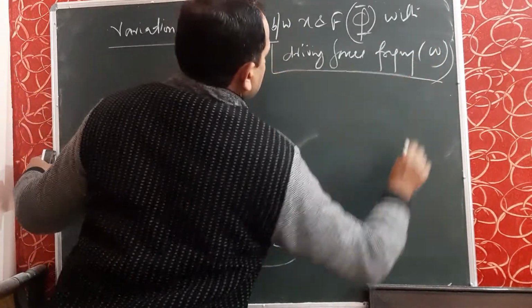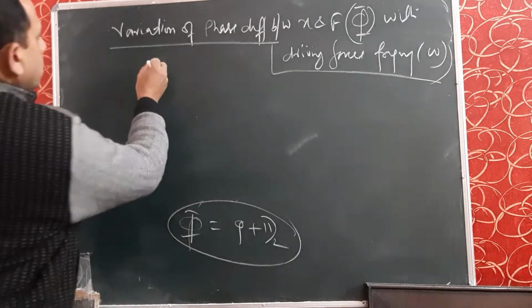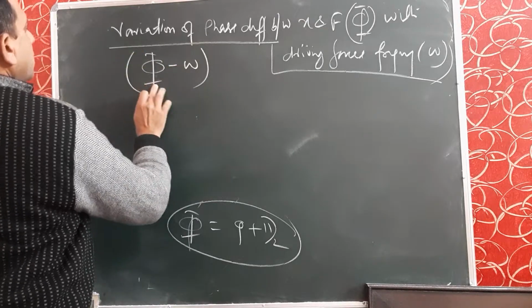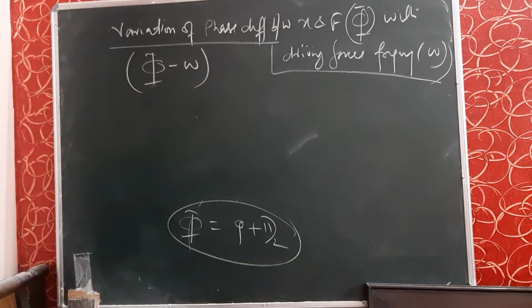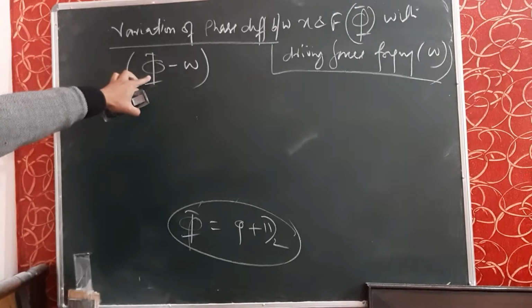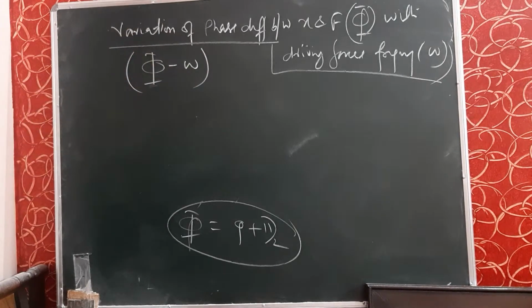So this is our next article, that is the variation of phi with omega. Phi means capital phi. So what is phi? Phi is the phase difference between displacement and force, and omega is the angular frequency of the driving force.